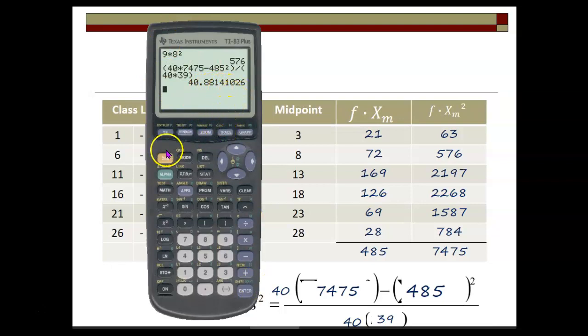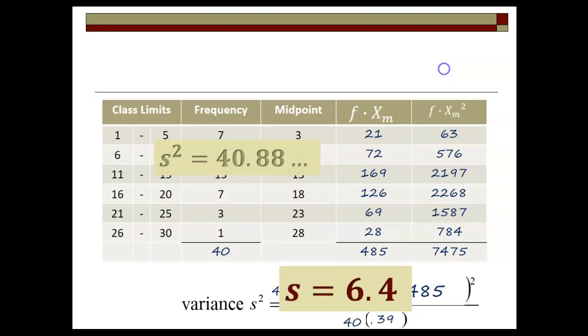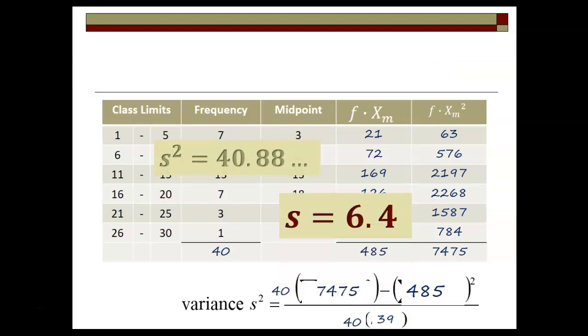So that's the variance. And then as long as I've got it here, let me go ahead and take the square root of that number to get my standard deviation. So rounded to one place after the decimal point, 6.4. So the variance, the S squared, was 40.88 something, and the standard deviation, the S, was 6.4.